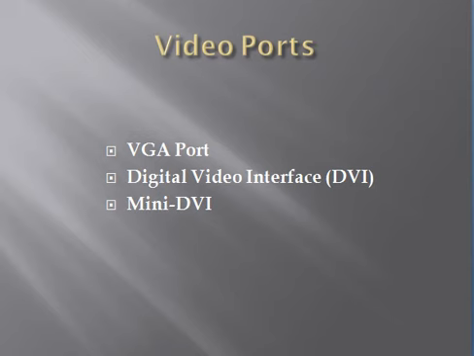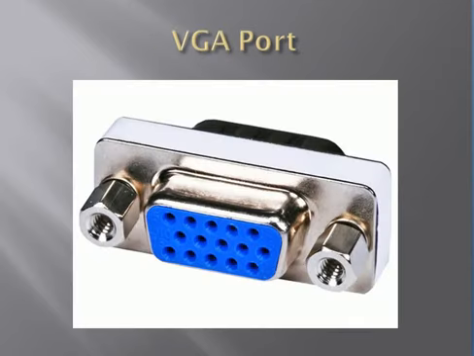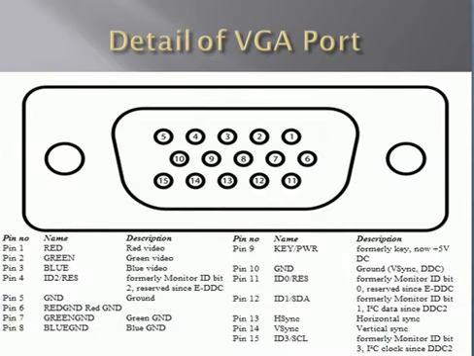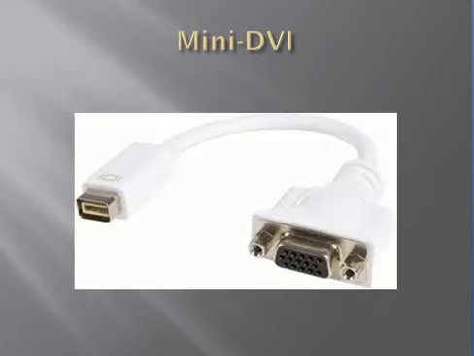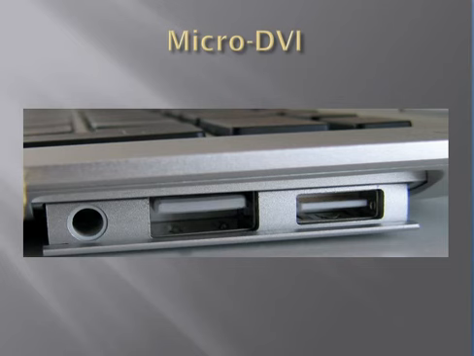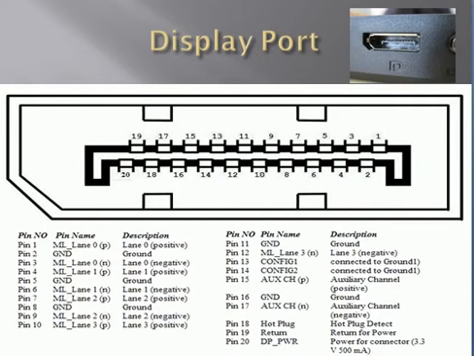We described the VGA port and its pin details, and we learned about DVI, which has three types: DVI-I, DVI-A and DVI-D. We also learned about mini and micro DVI, and at the end of this class we learned about DisplayPort, a 20-pin port, and the function of each pin.